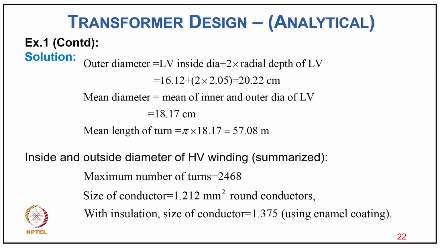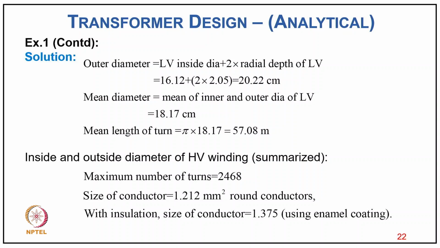So putting the value, it comes 20.22 centimeter, and the mean diameter is the mean of the inner and outer diameter of the low voltage winding, that's 18.17 centimeter, and the mean length of turn is pi into D, so that comes around 57.08 centimeter.